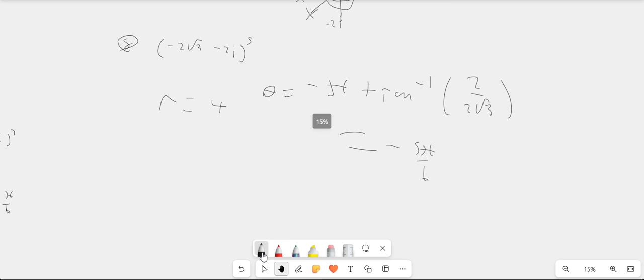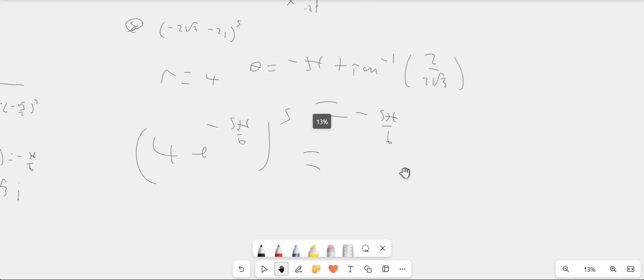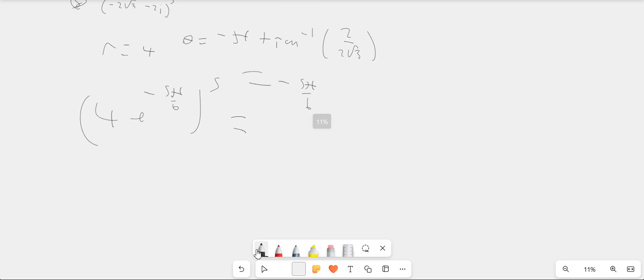And then, yeah. So it's just 4 e to the power of minus 5 pi over 6 i, to the power of 5 here. And then again, 4 to the power of 5, that's 1024. And then cos minus 25 pi over 6, you use the De Moivre theorem to do the 5 times in there, 5 times 5 is 25, yeah?